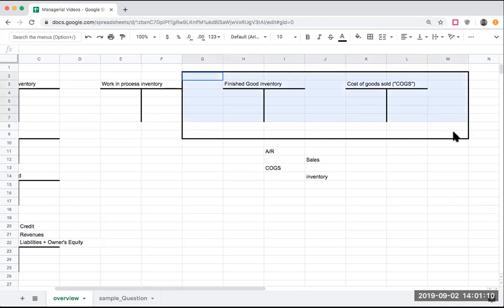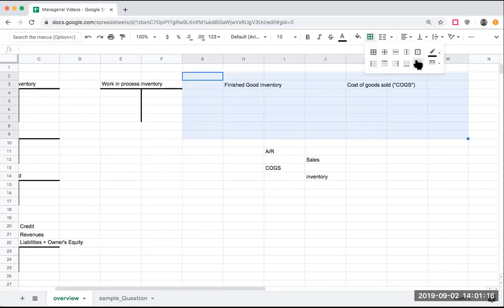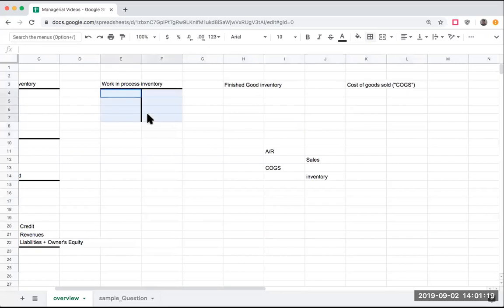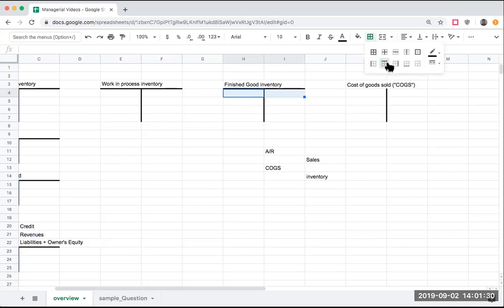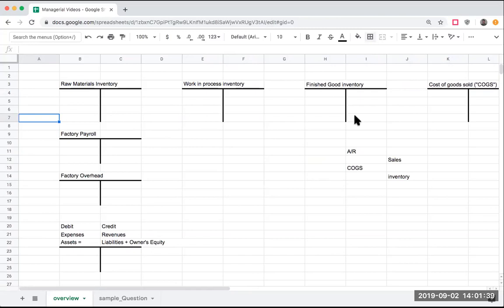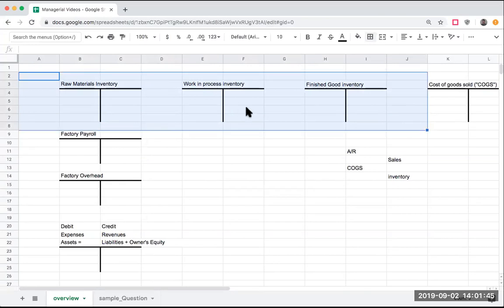When we look beyond that, to being a manufacturer, we have to think about the fact that the inventory for a manufacturer is going to work a little bit differently. The way it works differently is that you've got accounts like raw materials inventory, work in process inventory, and then finished goods inventory.